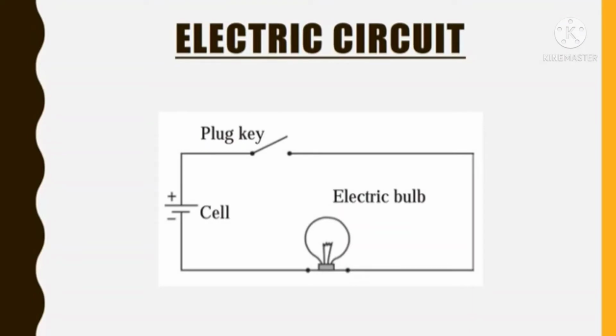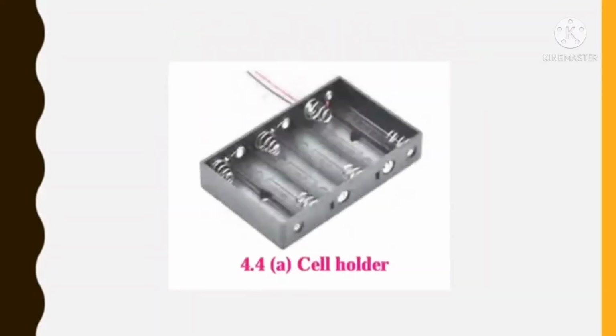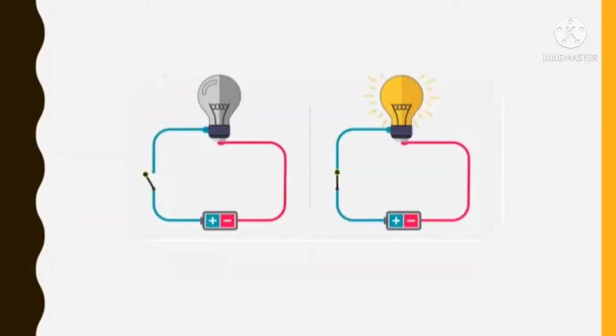The large vertical line is showing the positive terminal and the smaller line is showing the negative terminal. It is connected to the plug key and the plug key to the electric bulb. So how does it work? Here is a diagram or a picture of a cell holder.